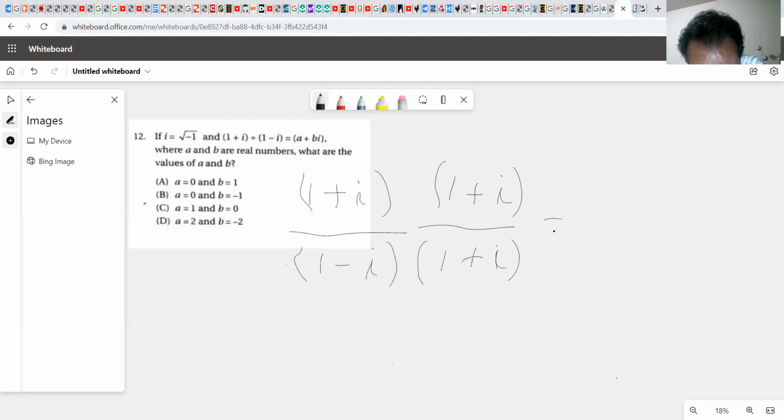Well, I'll do the numerator part first here. So 1 times 1 is 1, and then 1 times i, so we get plus i, plus another i, since i times 1 is i.